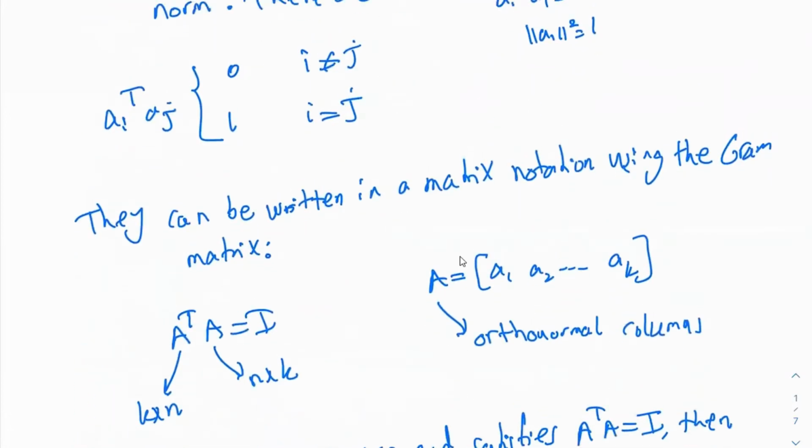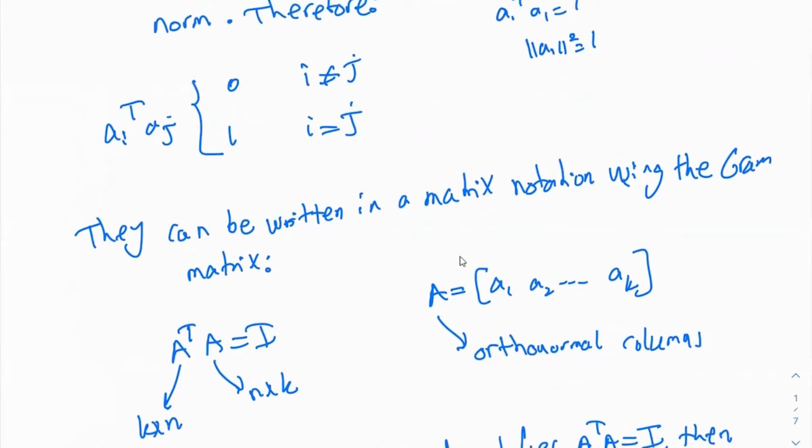Now, these vectors can be written in matrix notation. You can consider a matrix A whose columns are this orthonormal set of vectors, a1, a2, to ak. Then matrices like A that have orthonormal columns have an interesting property.